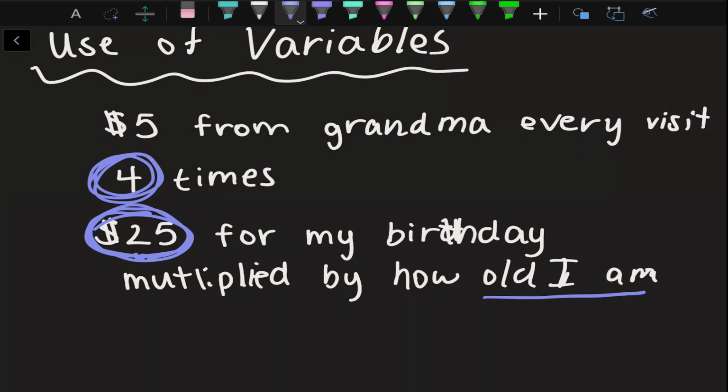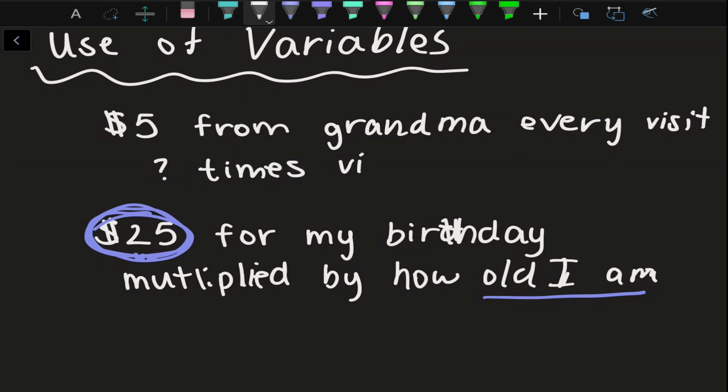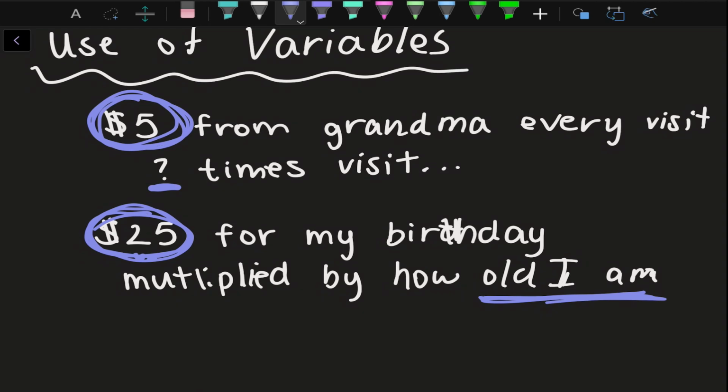It's not going to change. And actually, I'm going to switch this up here. $5 from grandma every visit, and we don't know how many times she's visiting. So that changes from a number we know to a number we don't know, just like how old I am. So in this case, the $5 is going to be my constant value.